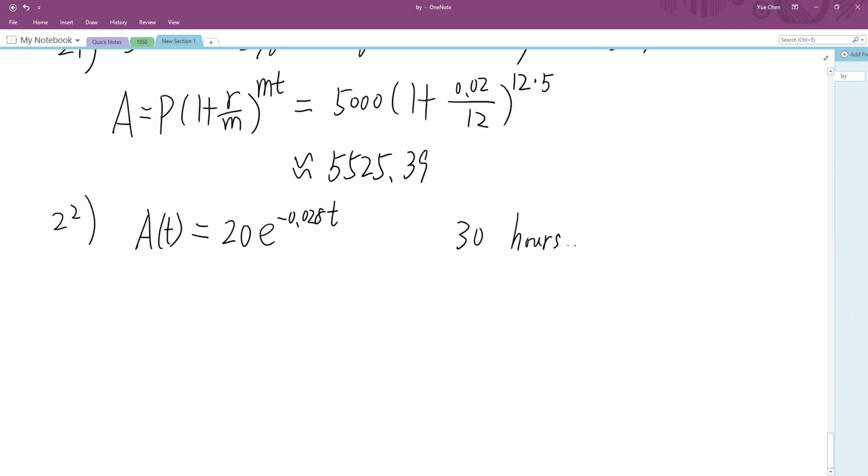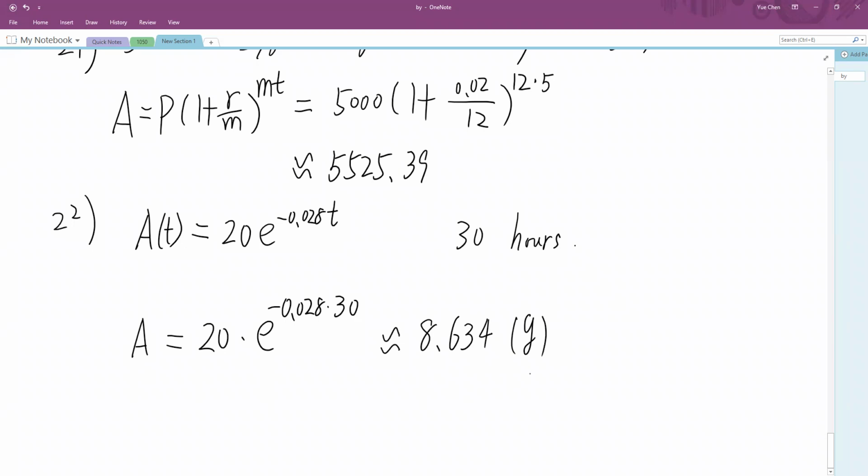That means T equals 30. So A, the remains, equals 20 times e to the negative 0.028 times 30. Use your calculator, it would be 8.634 grams. How many decimals depends on the problem. Here I just keep 3 decimals.